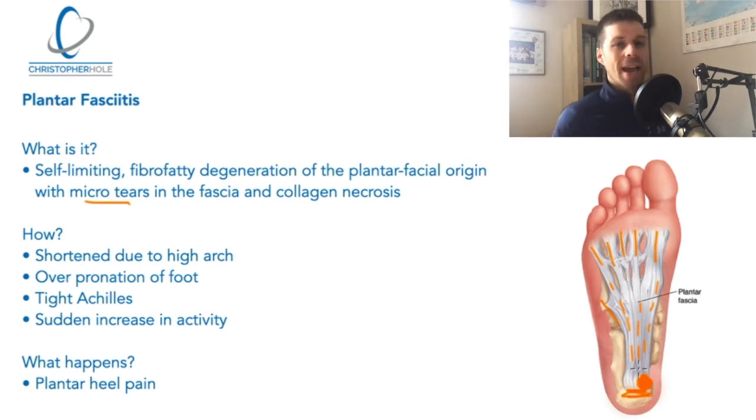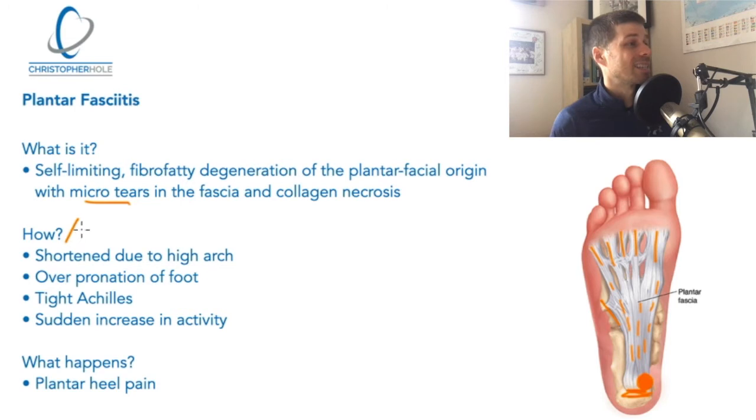So if we get someone who's just coming with pain in here, yes, there may be some micro tears in the plantar fascia, but generally you may find that there is not tightness in the muscles at the bottom of the foot. If someone has plantar fasciitis, which is pain up in here, the medial aspect of the origin, they may well have pain in here as well. So you kind of got to treat the whole system.